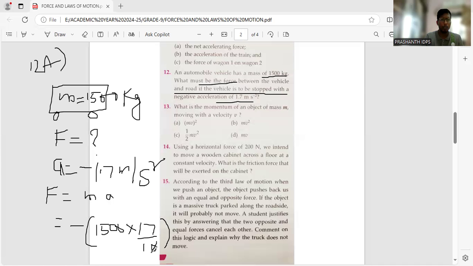So the 0 gets cancelled. So if you multiply 17 into 150, you will get the answer minus 2,500.